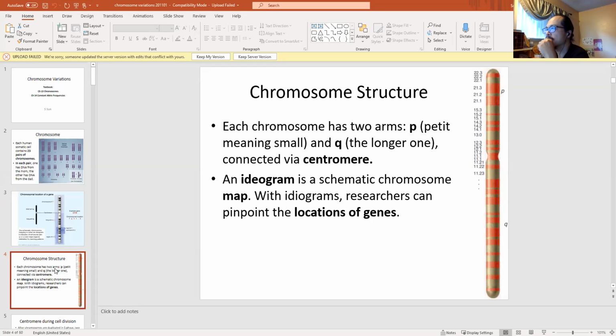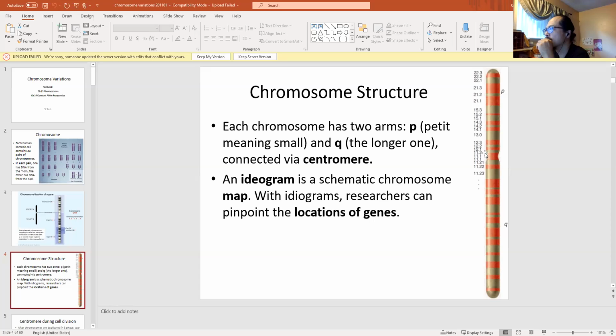As you can see here, this mapping is also called an ideogram that provides us a schematic chromosome mapping. So you can have P and Q and the centromere. When we have this mapping, we start from the centromere. So the centromere is typically like 1.1, 1.2.